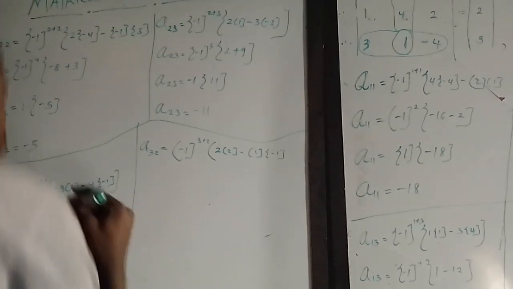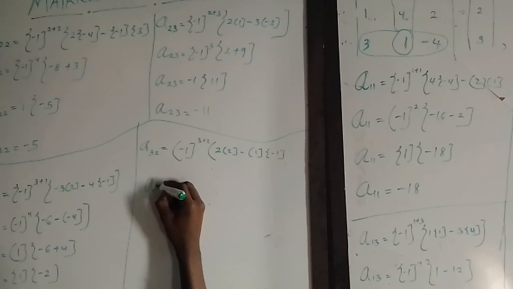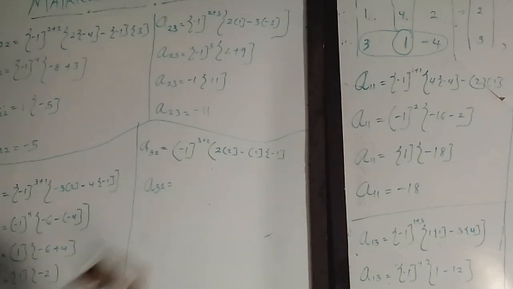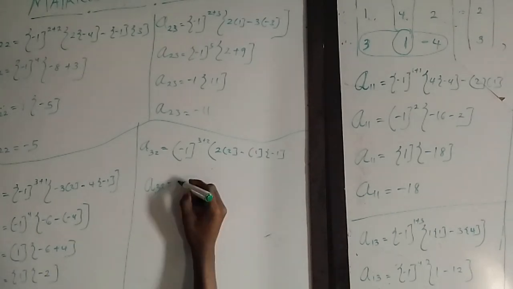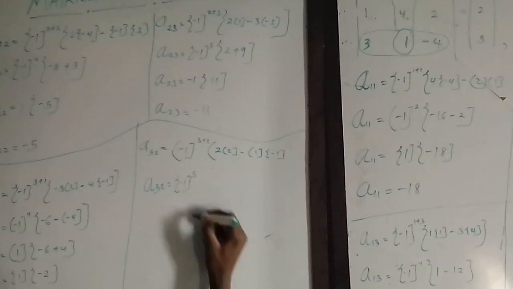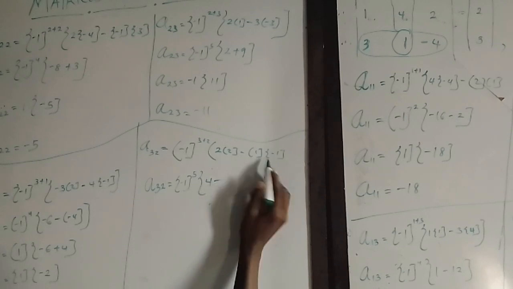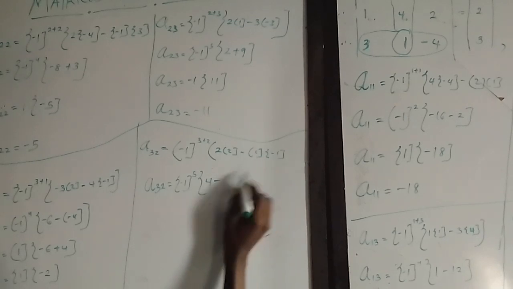So let's go forward. You have your A32 equals to minus 1, close bracket, 3 plus 2 is what? 5. Then you say what? Open bracket again. 2 times 2 will give us 4. Minus 1 times this will give us minus 1.